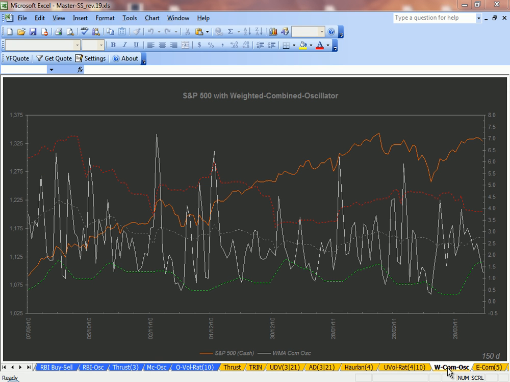This WCOM oscillator is pretty good at short-term bounces, and it's now below the band, not to an extreme on the downside, but I'd like to see it go a little deeper and then turn up before getting excited with that being oversold. One other here, let me show you my RBI oscillator.